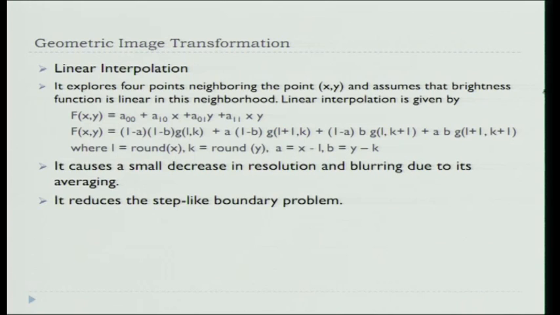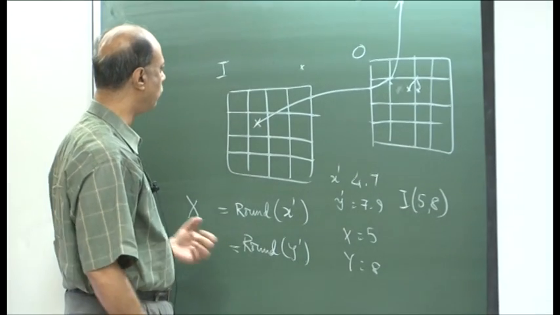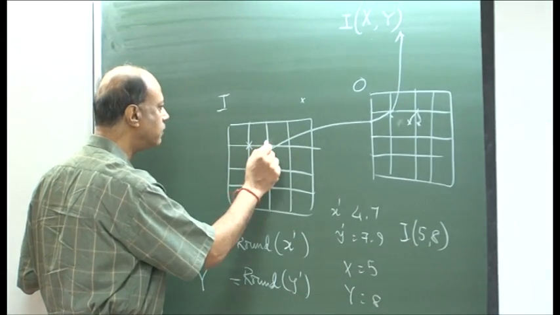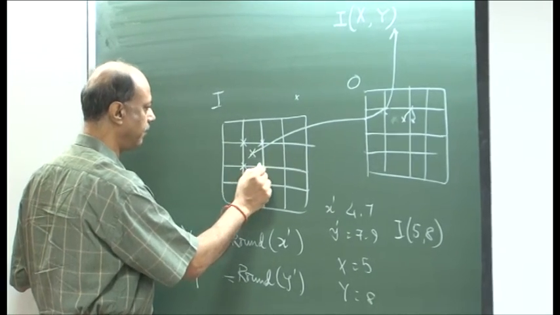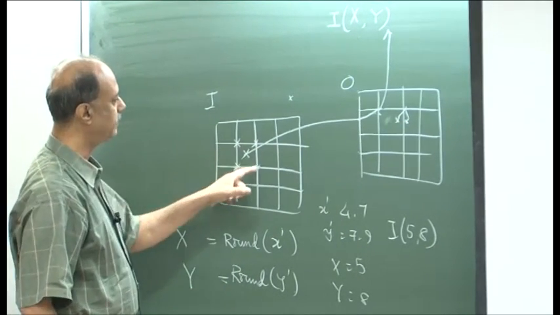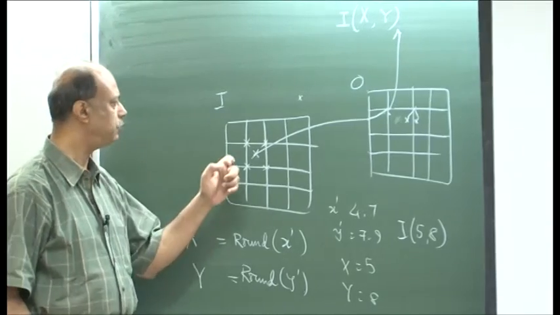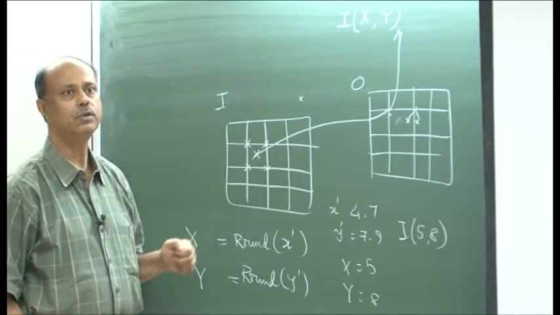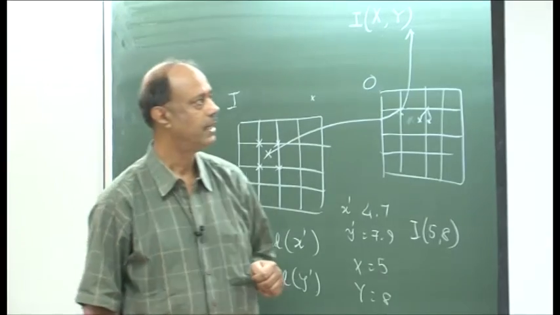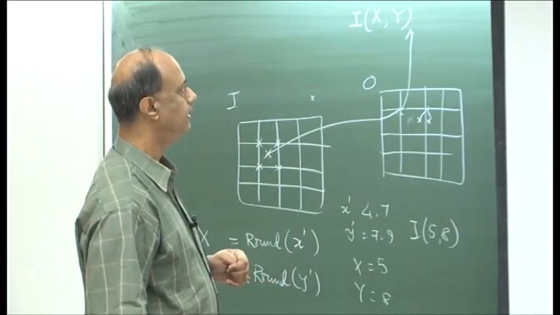Now, the second one is linear interpolation, which is more powerful than the nearest one, because here you are not only considering the rounded value, you are considering these 4 pixels' information, and you want to give weightage to all these 4 elements.